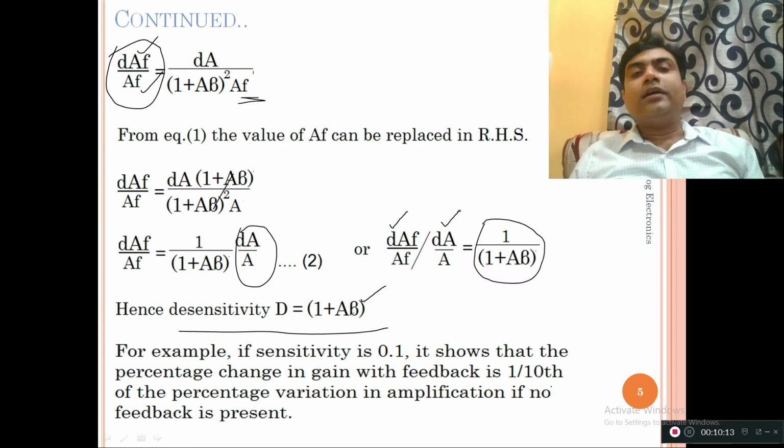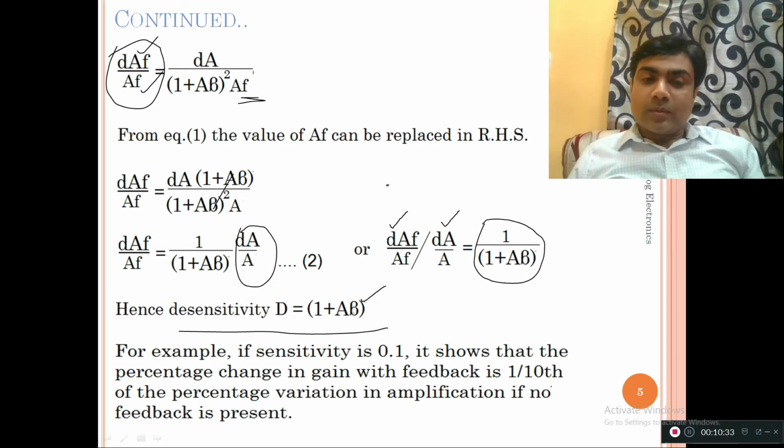So the ultimate outcome is, or we can conclude that if we apply negative feedback, then the variation in the gain, or fractional change in the gain, becomes quite small, smaller than the fractional change in the gain without feedback.